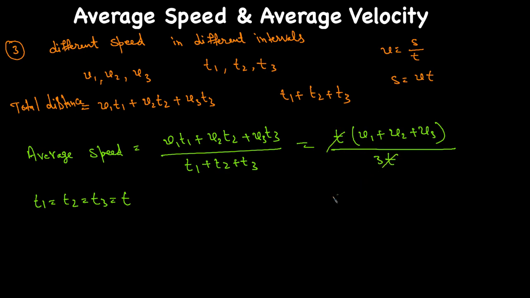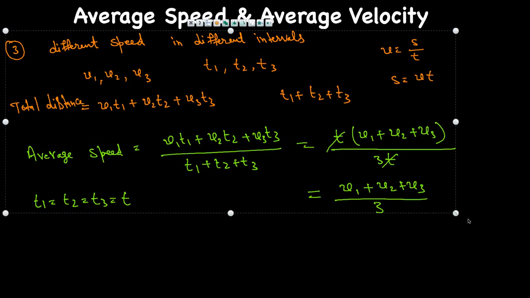This t will cancel with the 3, so the average speed becomes v1 plus v2 plus v3 over 3. It looks like the average we find for numbers. Those are the three different situations they can ask you problems on for average speed. Let's go over one example so you know the practical application of these formulas.